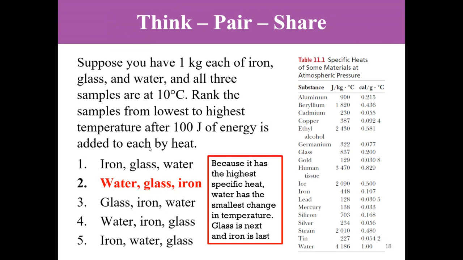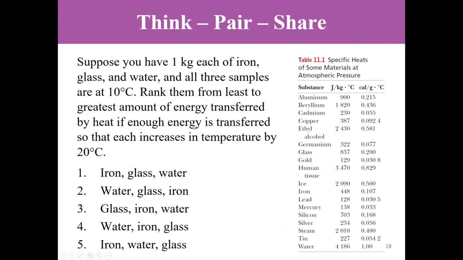So the order can be water, glass, iron, because water has the highest specific heat, so it has the smallest change in temperature. Glass is next, and iron is last.